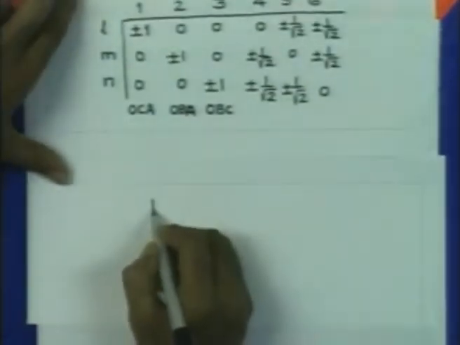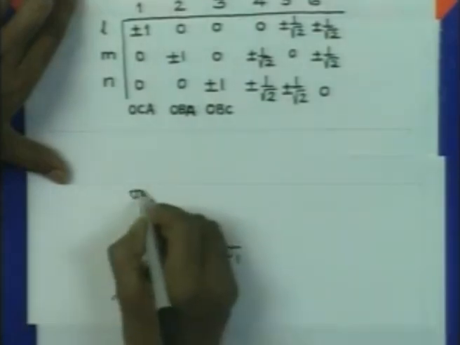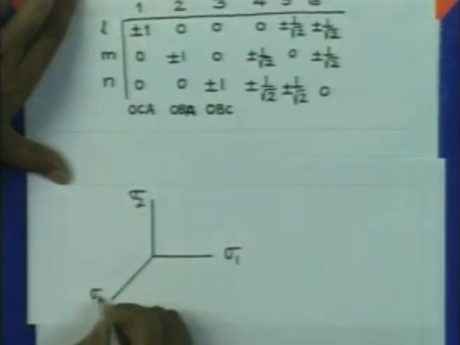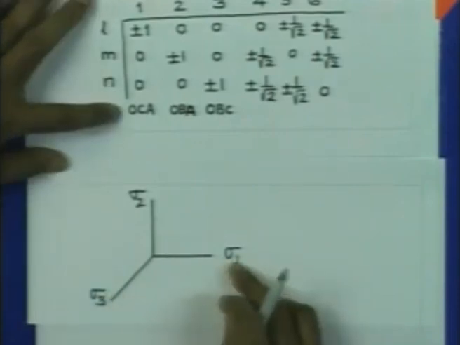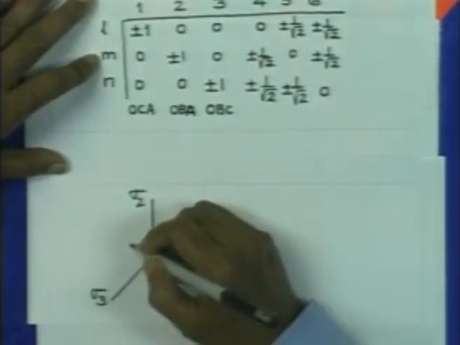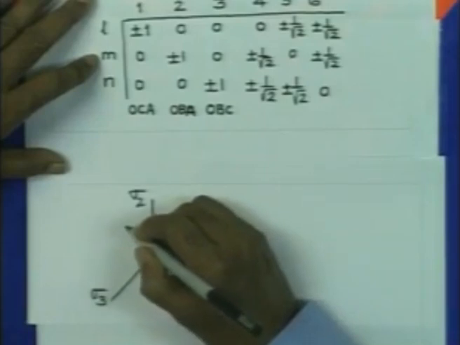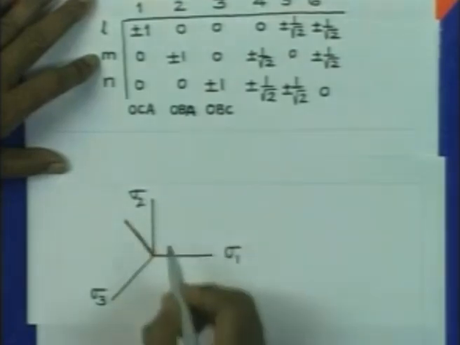If you consider your direction 1, sigma 1, sigma 2, sigma 3, then this is making an angle of 45 degree with the directions 2 and 3. So, the plane is nothing but a typical plane of this type. This is the plane.